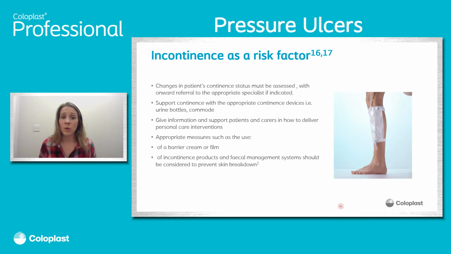Or we may, in the worst cases, need to consider catheters or fecal management systems to try and prevent further skin breakdown. So again, prevention is better than trying to treat. So we need to try and identify these risk factors at the earliest possible stage in our holistic assessment in order to put those preventative measures there to stop this from happening.